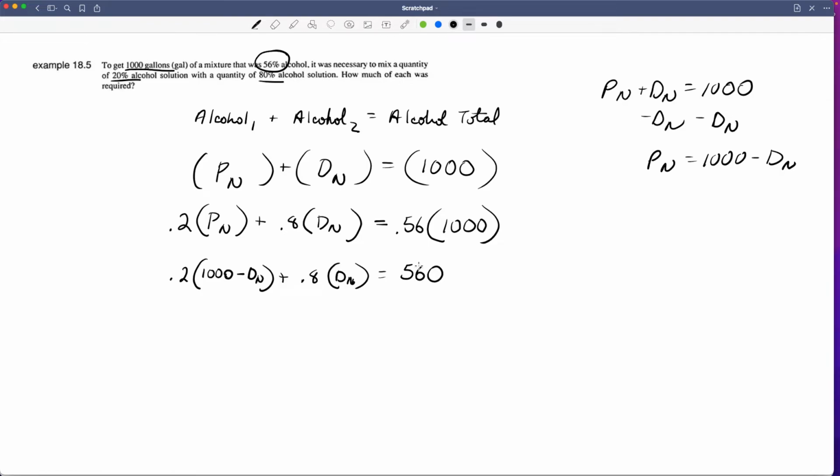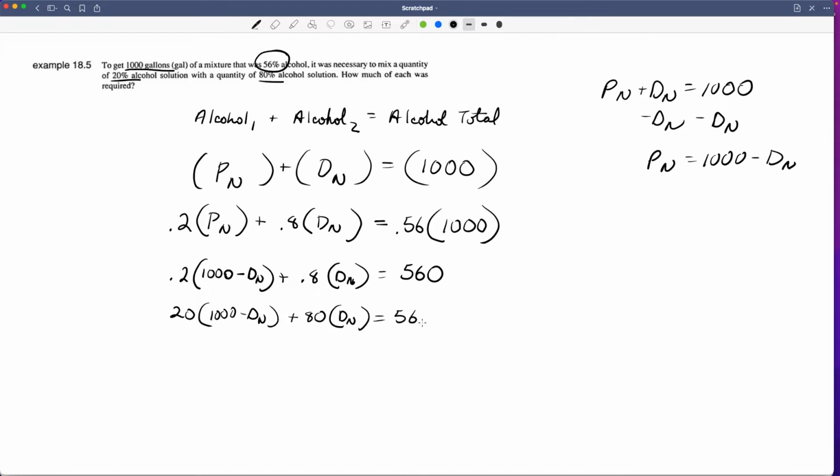All right, now we can eliminate decimals by multiplying by 10. So times 10. 10 times this is going to be 20. 20 times 1,000 minus Dn plus 80 times Dn equals 560.